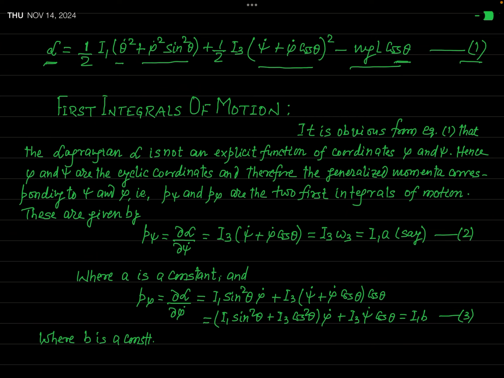And in my previous videos, I have provided an independent video on cyclic coordinates while dealing with the problem of Hamiltonian formulation. So if you have not watched my video on cyclic coordinates, you must watch. You may go through the playlist of classical mechanics and search for the video on cyclic coordinates. There you will find the complete concept of cyclic coordinates.